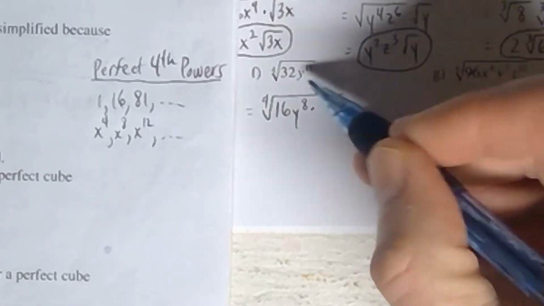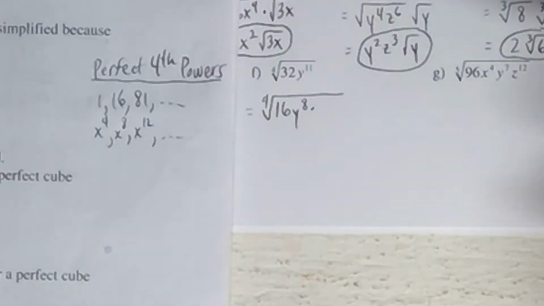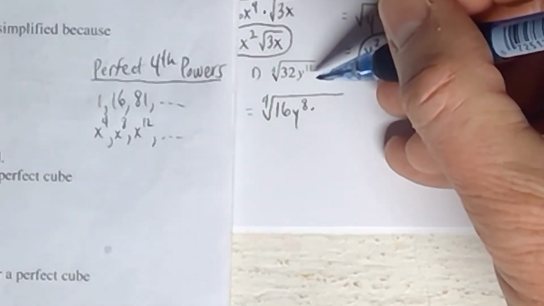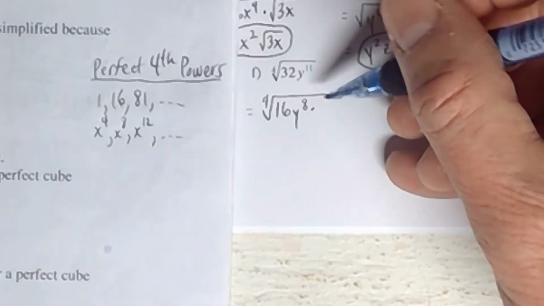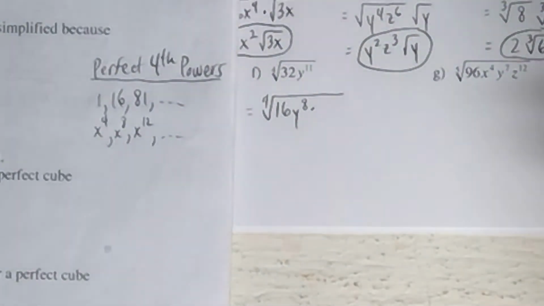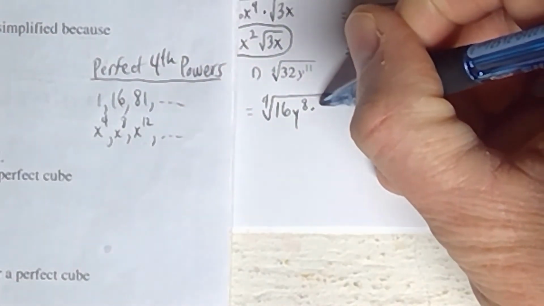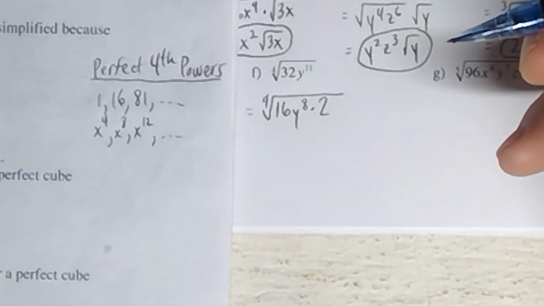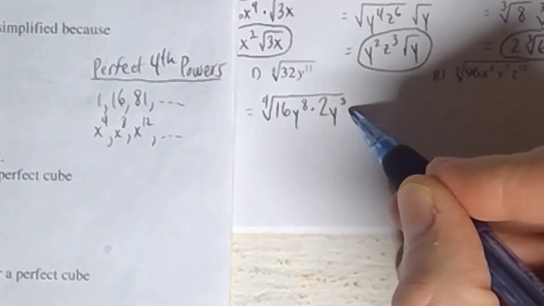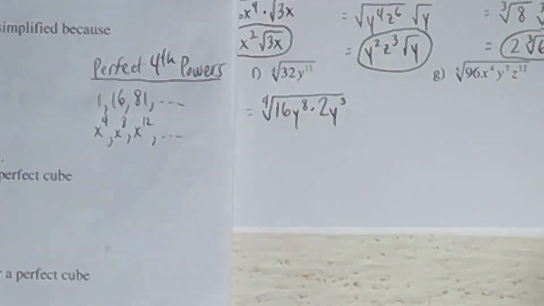Now that I've done both the coefficient and the variable, what does that get multiplied by so that it's still equal? Whenever you simplify something in math, it's still got to be equal to the original problem. That's why I make a big deal about making sure it's equal still. 16 times 2 is 32. And y to the 8th times y to the 3rd, 8 plus 3, is equal to y to the 11th.